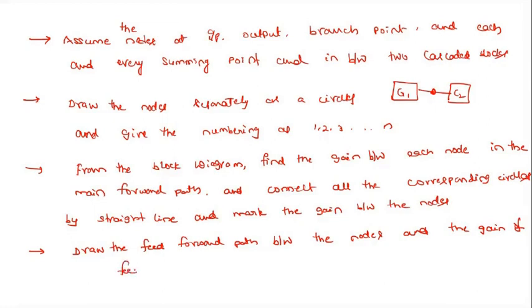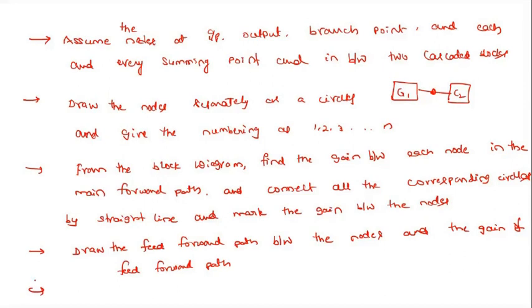Let me explain the difference between the main path and the feed forward path. The main path doesn't deviate in any other direction. It starts from the input node to the output node directly. For feed forward path, like in yesterday's problem, we considered 1 to 8 direct as the main path, and P2 is considered 1 to 3, then 6, 7, 8. That is, 4 is missing. That is the feed forward path.